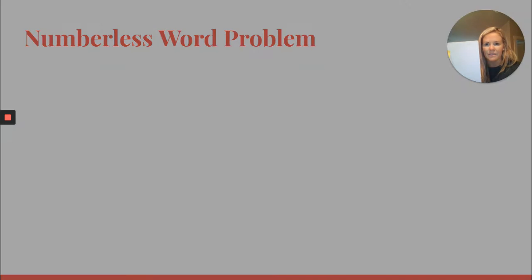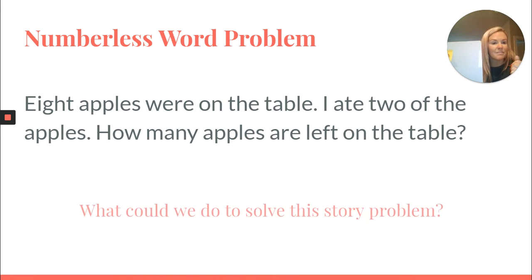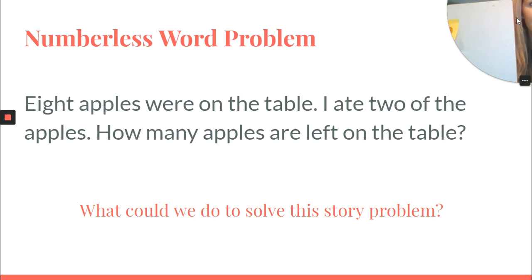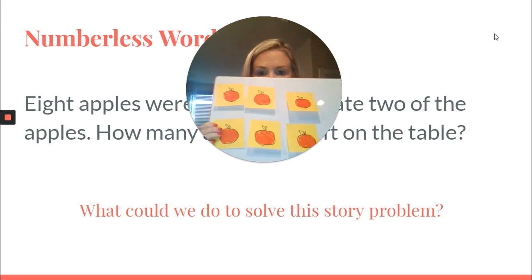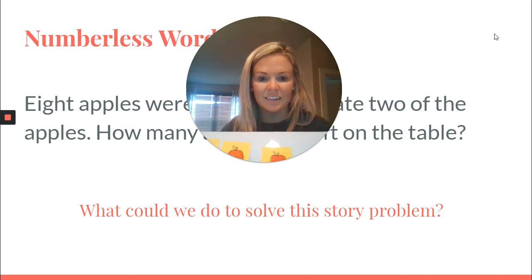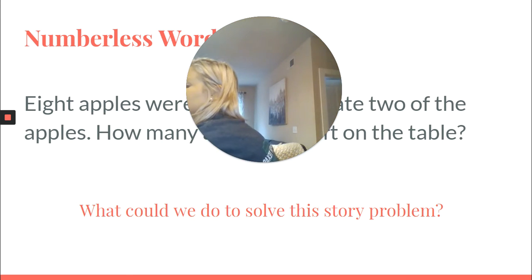Don't think there's any more. Let's see. Oh, and there's more. So 8 apples were on the table. I ate 2 of those apples. Make this bigger. Okay. So 2 of them. And if I wanted to make a number sentence, I would get my 8. That's what I started with.